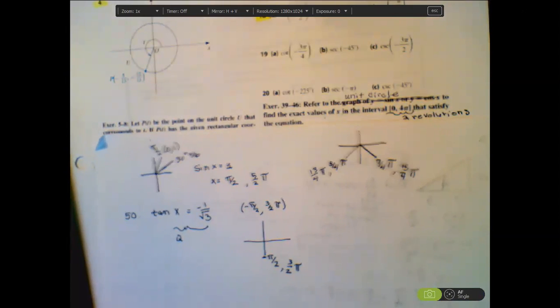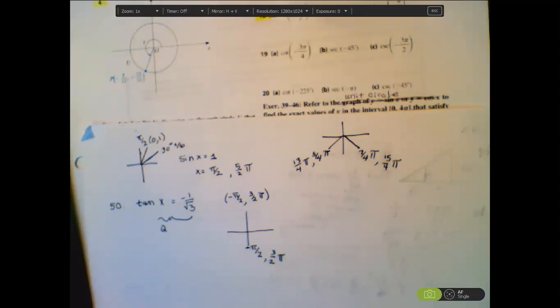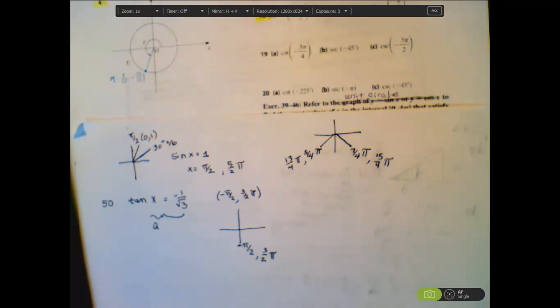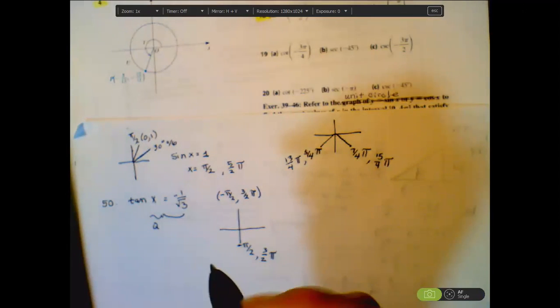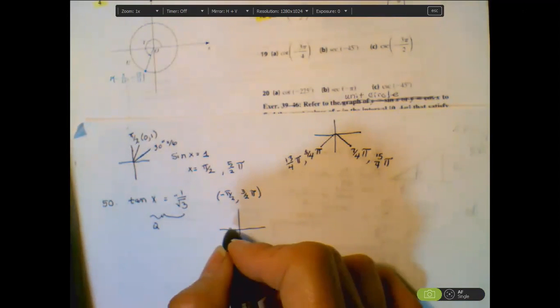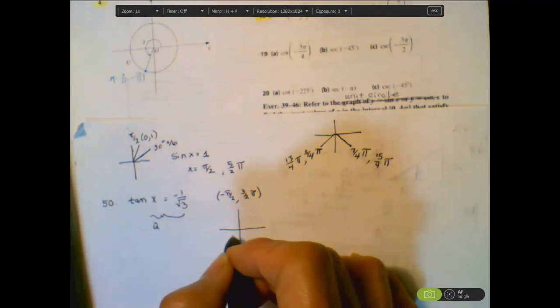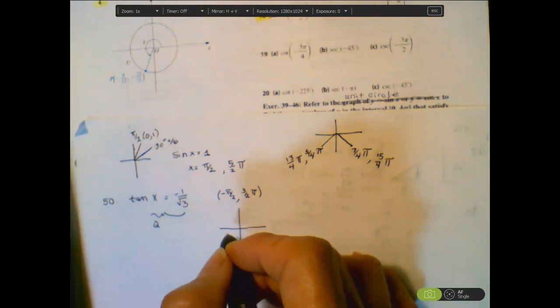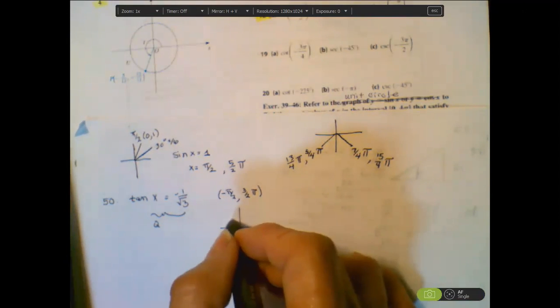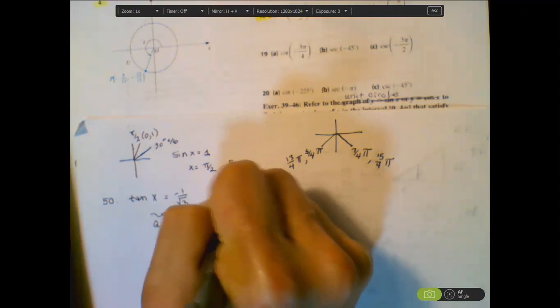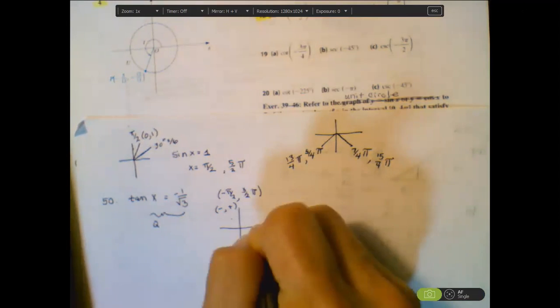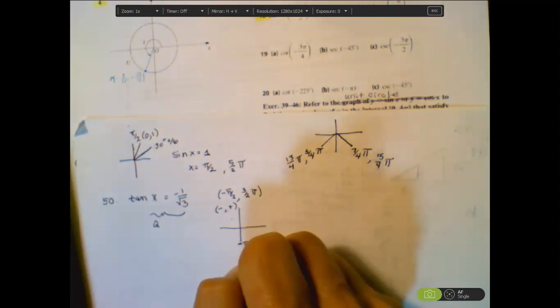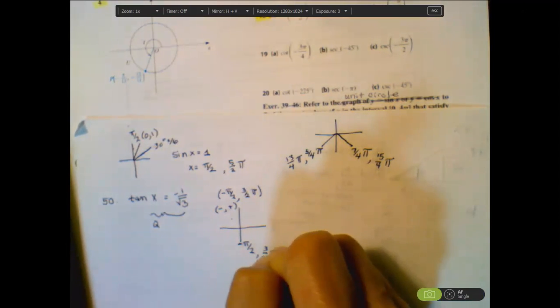And anybody jump in and help us with this? 2 or 4. Yes, when I have X is negative and Y is positive, or when I have X is positive, Y is negative.